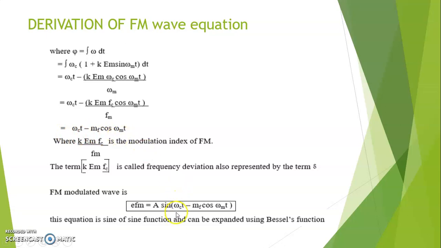So we'll get it as omega c t minus mf, where mf is the modulation index of FM, into cos omega mt. Now here you can see that this is a function of a function, that is sine of cos. So it can be only expanded using a function called Bessel's function, and it will become a very complicated expression. So we have to learn only till here, that is, this is our final expression as of now.